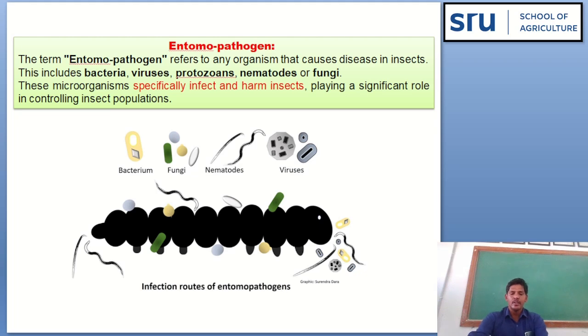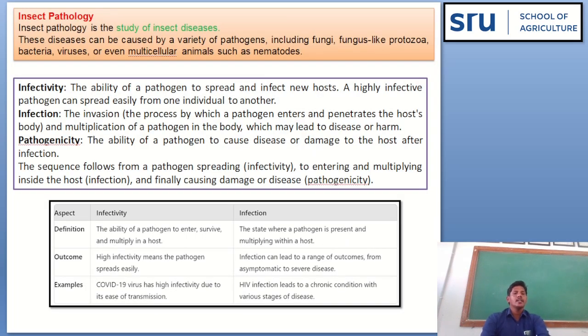Come to the next slide. Then what is insect pathology? The study of insect diseases is insect pathology. These diseases may be caused by virus, bacteria, protozoa, fungus, etc. Then, what is the difference between infectivity and infection?